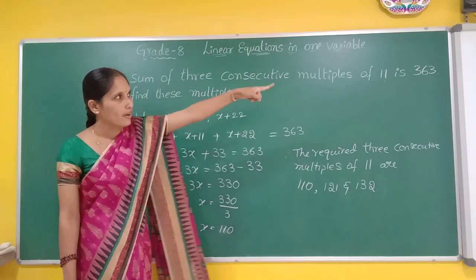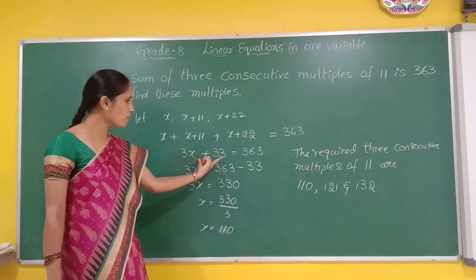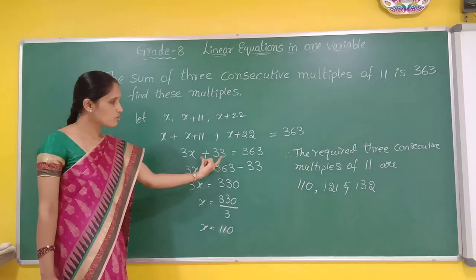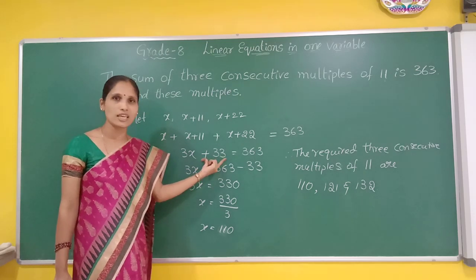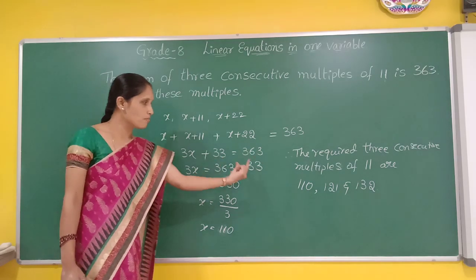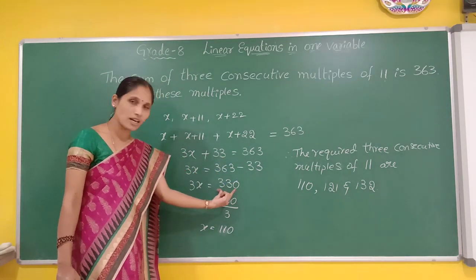The sum is given, that is 363. So we transpose plus 33 to the right hand side, plus 33 becomes minus 33. 363 minus 33 is equal to 330.